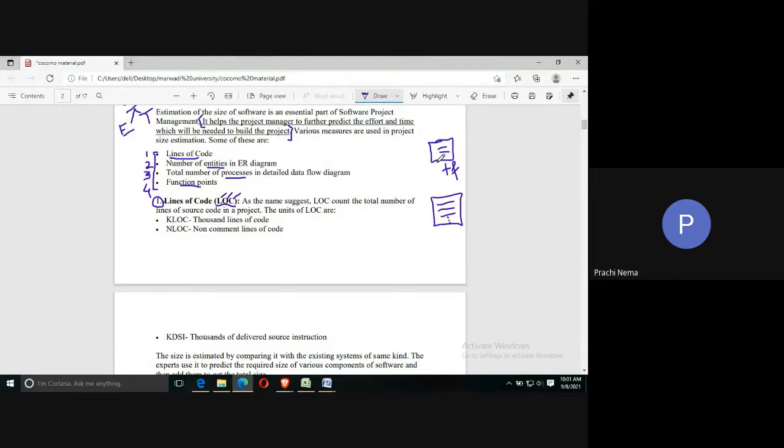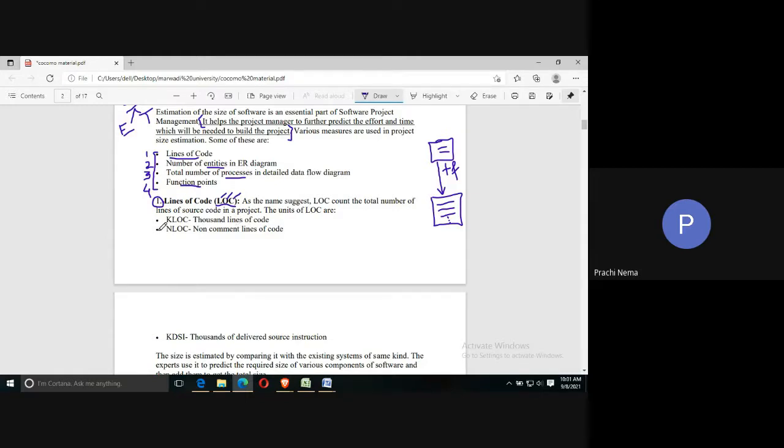So using this, it will predict. It will not be an exact count of the lines of code. It will just predict how many lines of code can be there, and based on that, it will deliver the count of the lines of code that your project will have. Okay, so it is just an estimate, not the exact count.